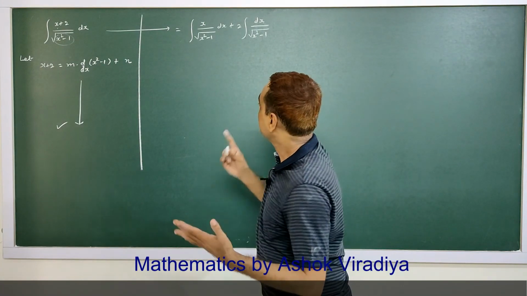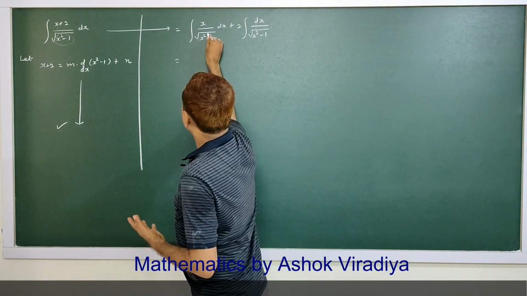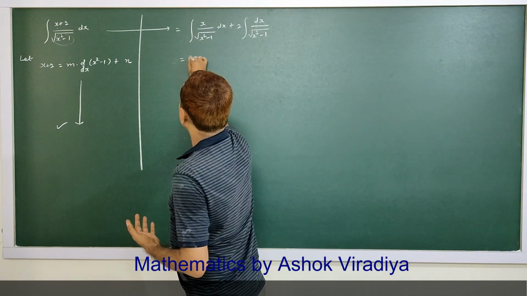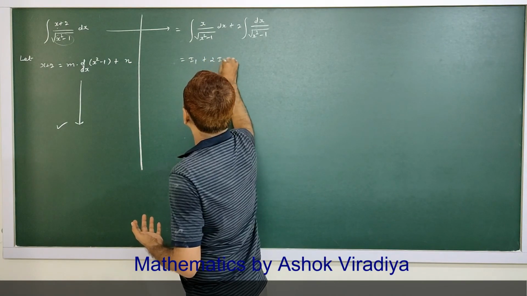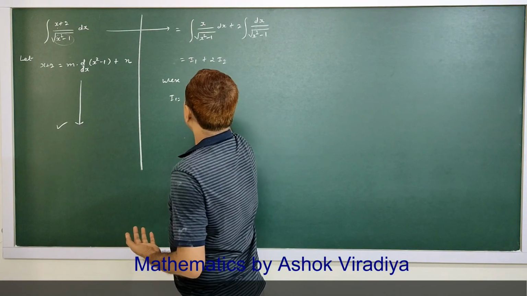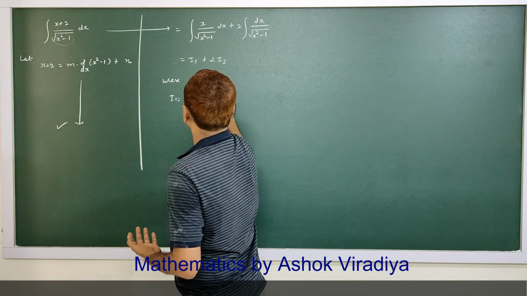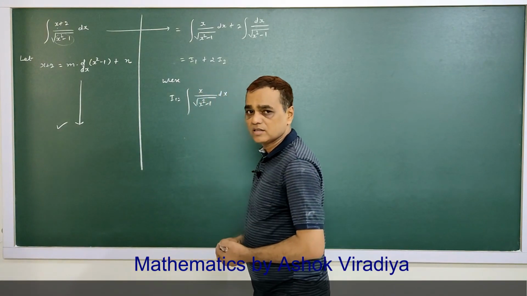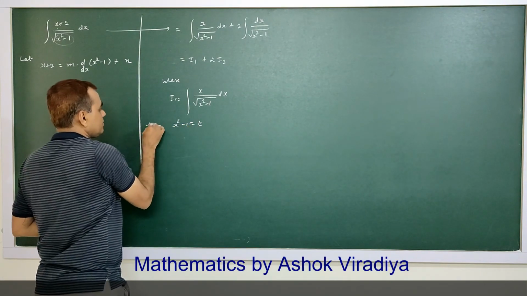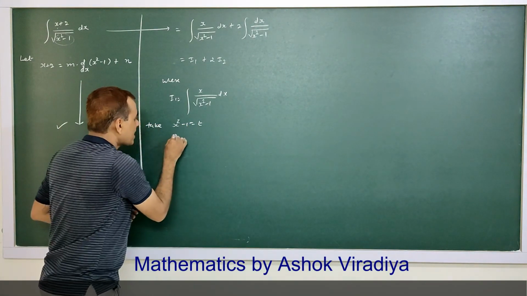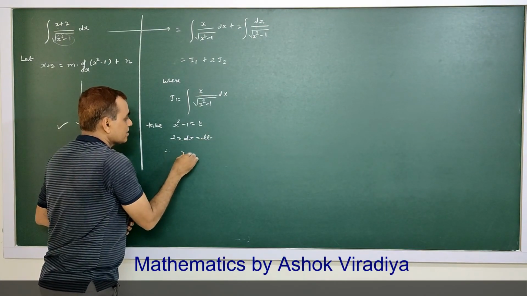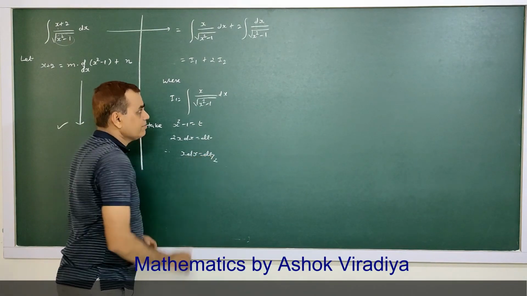Next step, we take this as I1 and this as I2, where I1 is x upon root x square minus 1 dx. Taking x square minus 1 equal to t, 2x dx is dt, so x dx is dt by 2.